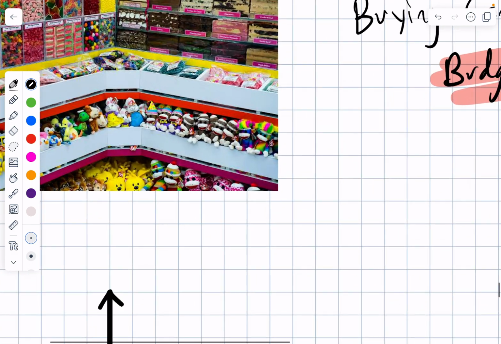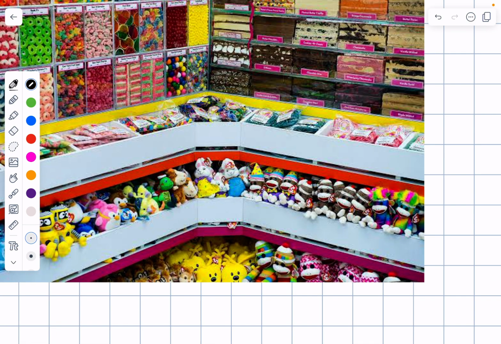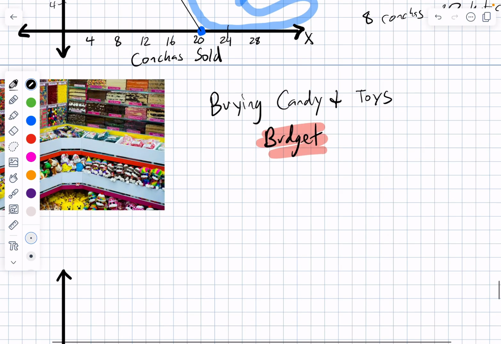Interesting. Okay. So here we have some candy and some toys. Let's say the candy, X is pounds of candy, and Y is the number of plushies.